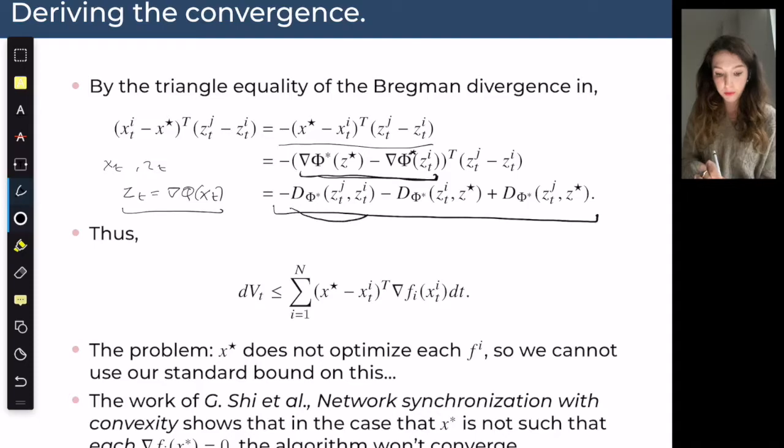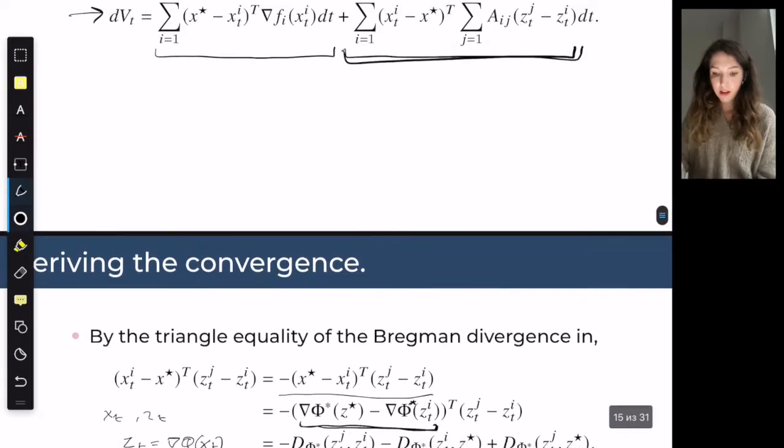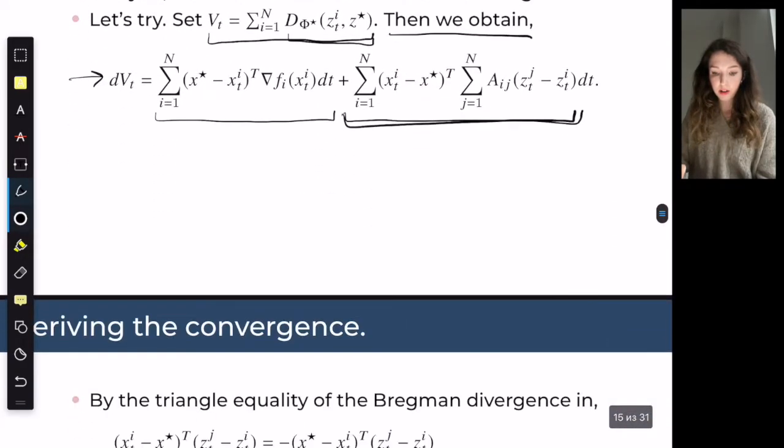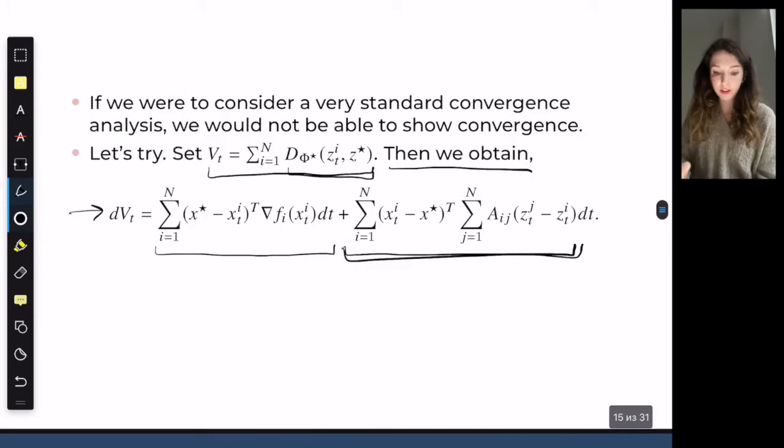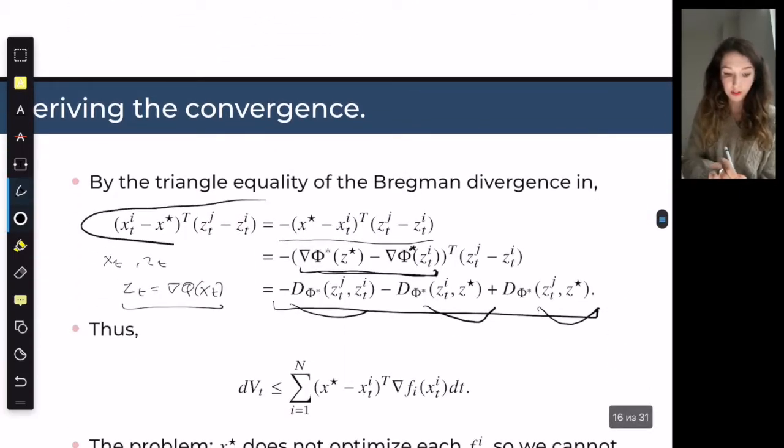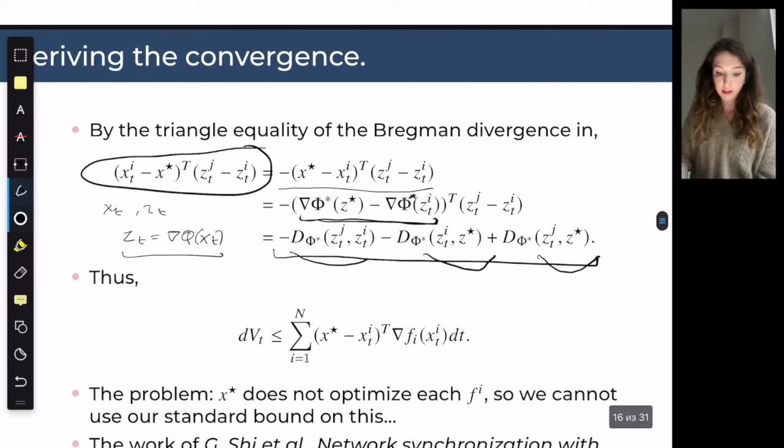And then essentially we can also show that this is equal to these three terms of the Bregman divergence. So one term measuring the distance between z_t^j and z_t^i, another term between z_t^i and z star, and another term between z_t^j and z star. Now, what this Bregman triangle equality gives us is that if we then take this double summation over i and over j of the thing over here, then we essentially are left with just this first term.